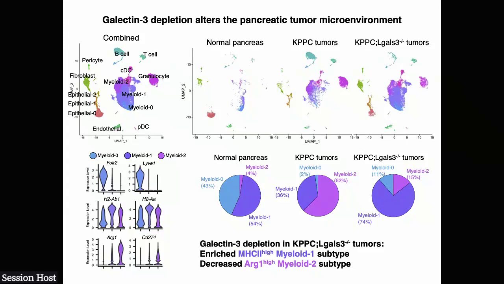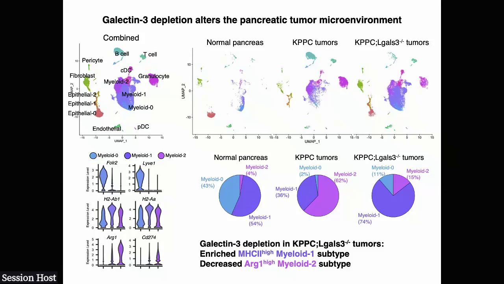Further analysis revealed that this enriched myeloid cell subcluster more resembled the M1-like MHC2 high macrophages.